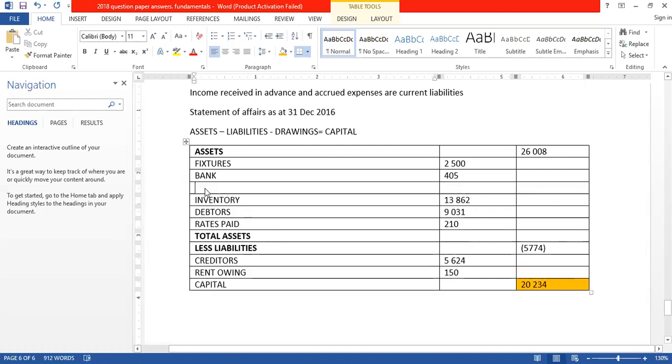Yes. Okay, so we have cash that we totally just forgot, which is 9,630. Okay, so let's just recalculate.